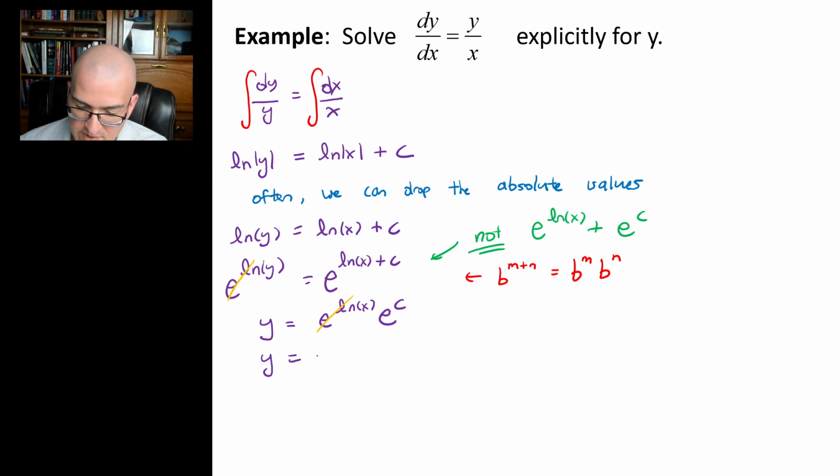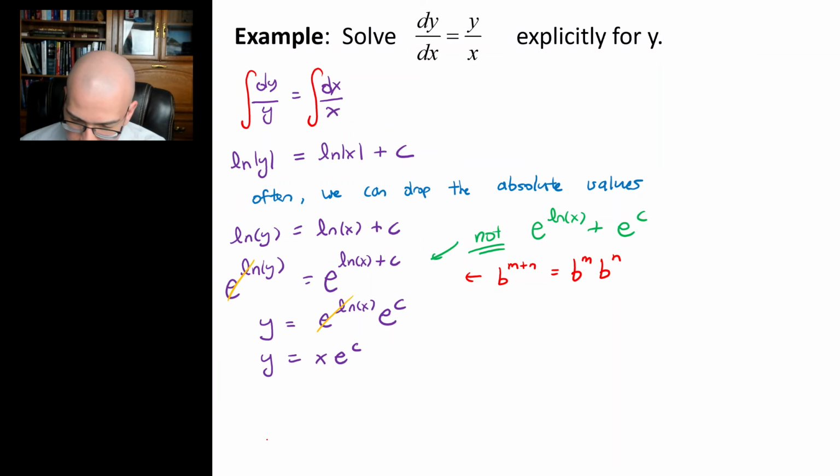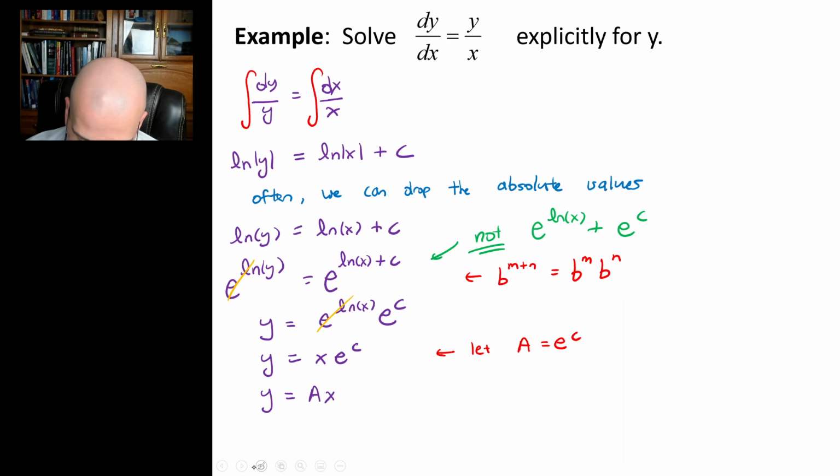And we get y is equal to x times e to the c. I'm going to let a equal e to the c. C is an arbitrary constant. A is just e to the power of the arbitrary constant. It's just a different arbitrary constant. So I have y is equal to a times x. That's the answer.